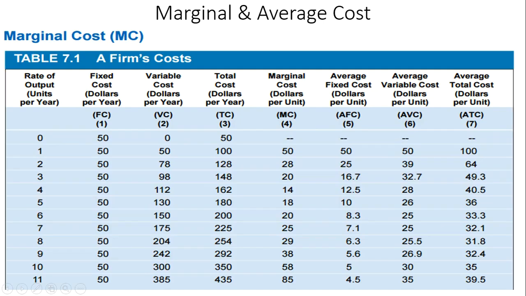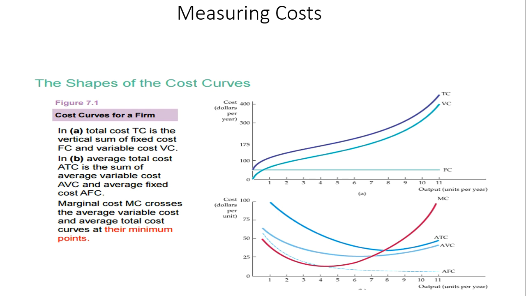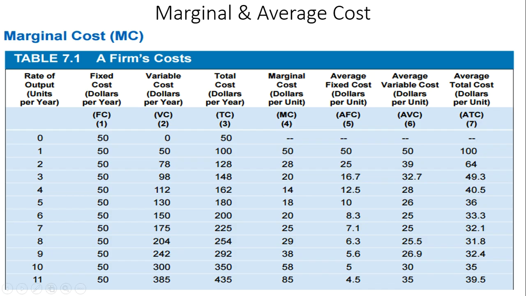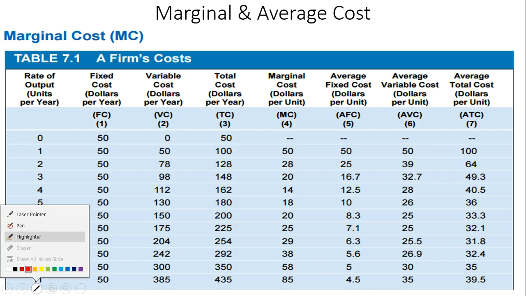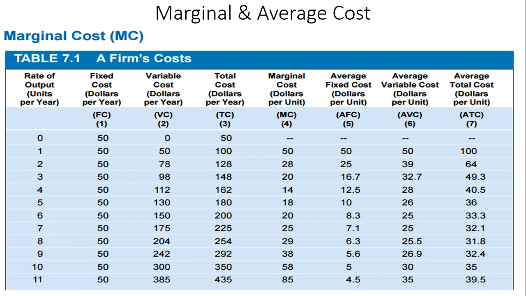Okay, so just like we did yesterday when we were talking about output, where we came up with a table and then graphed, we can also do the same on the cost side. So we have units of output, then the fixed cost side and the variable cost side.